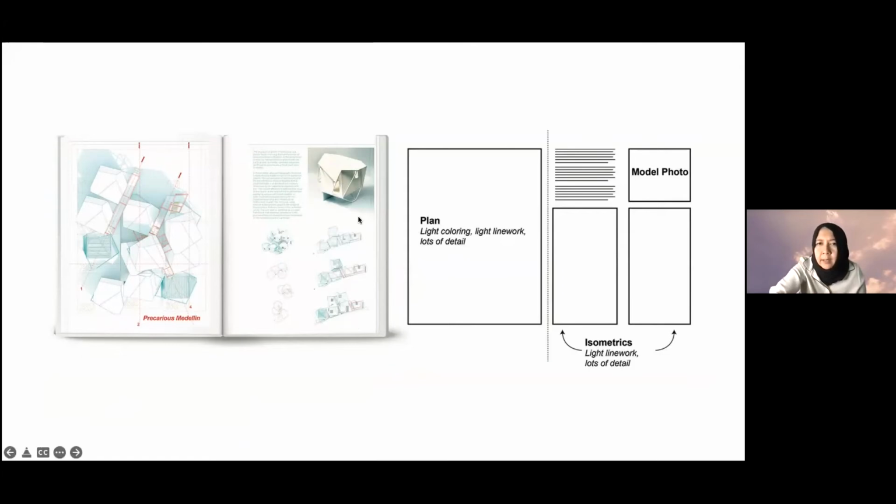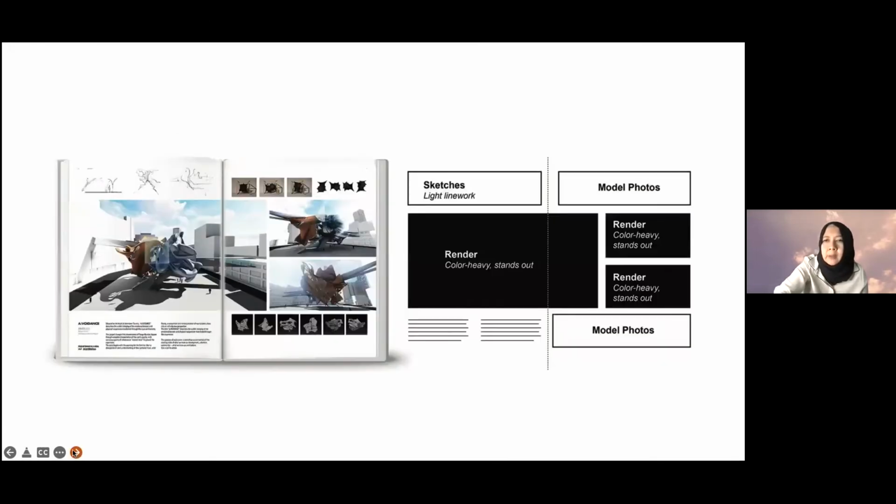And then this is the plan: light coloring, light line work, lots of detail. And here you have the model photo, and this is where you put the isometrics. The line work is light, but it consists of lots of details. And you put your text here. You can see that it has the same grids. You use grids for creating the layout.